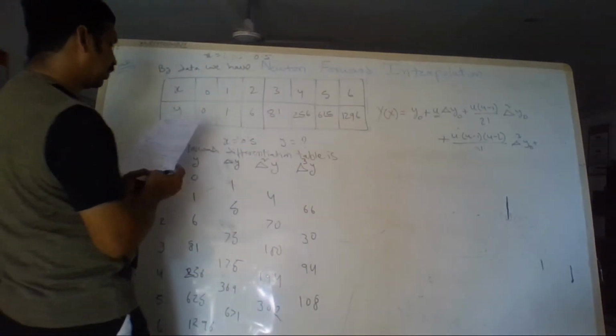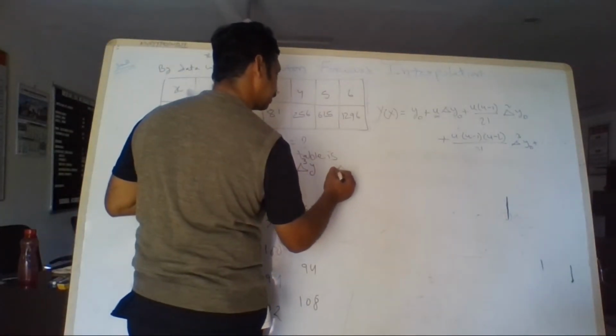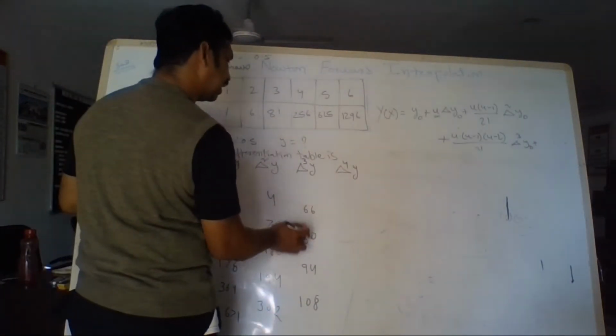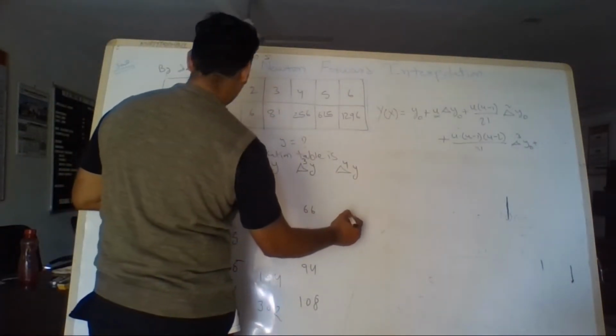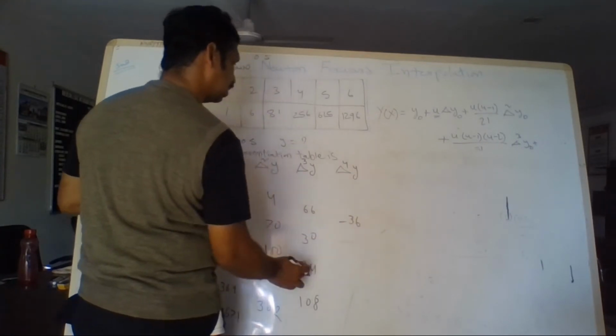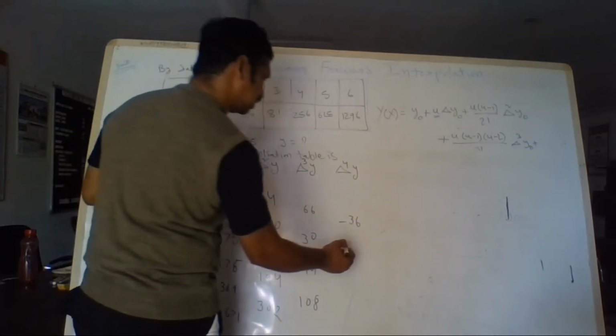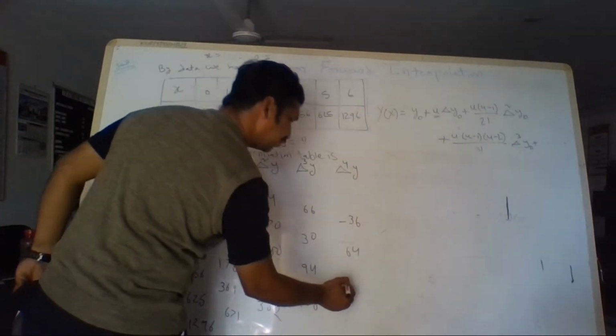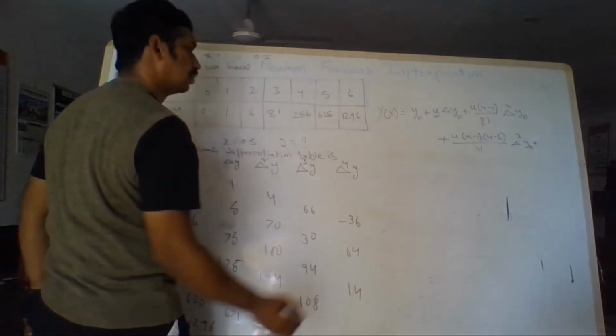Next, delta power 4 y, the fourth order difference: 30 minus 66 is minus 36, 94 minus 30 is 64, and 108 minus 94 is 14.